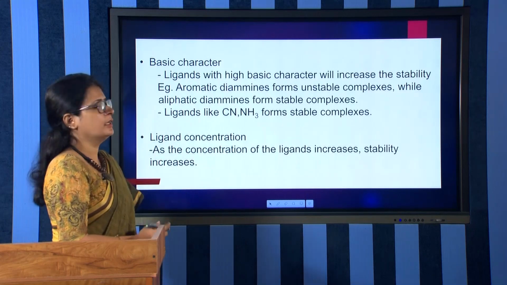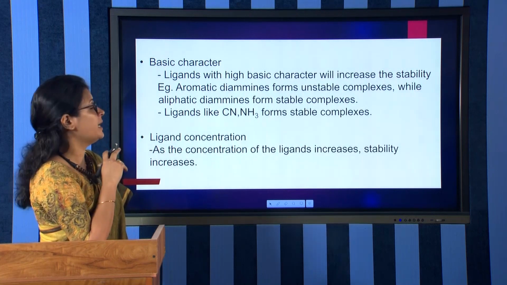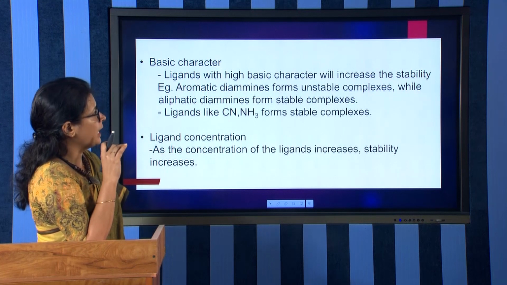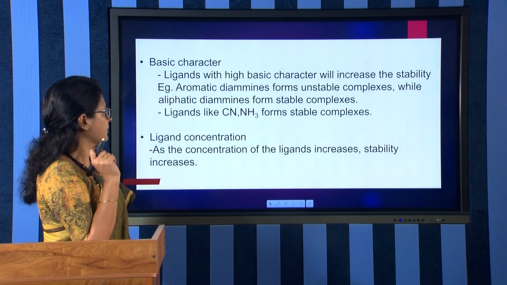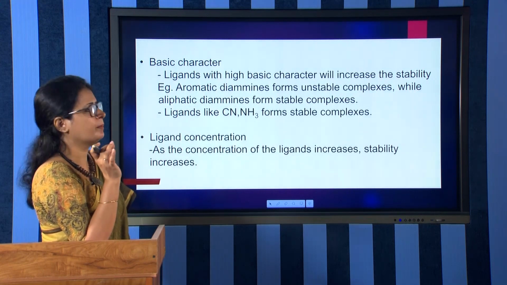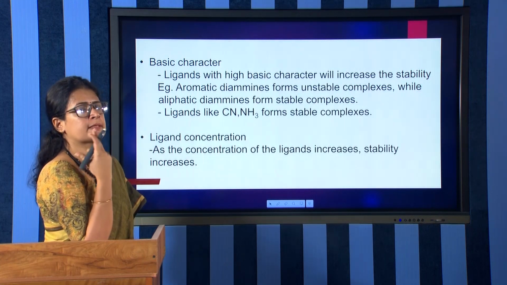And the second factor, in the case of ligand, the ligand should be more basic, that is basic character of the ligand is also very important. The ligands with high basic character will increase the stability of the complex. That is, aromatic diamines form unstable complexes, while aliphatic diamines form stable complexes.